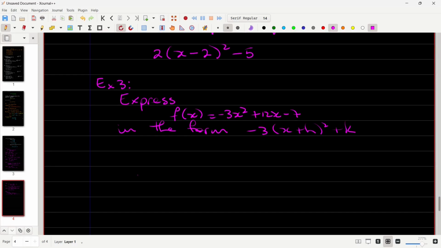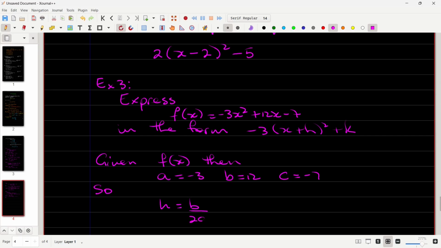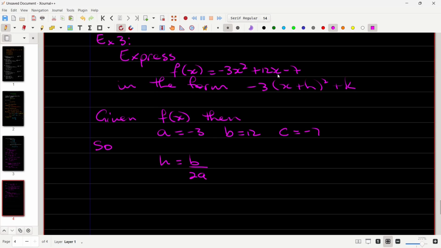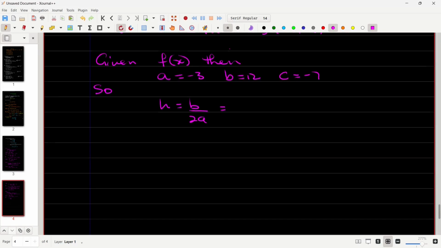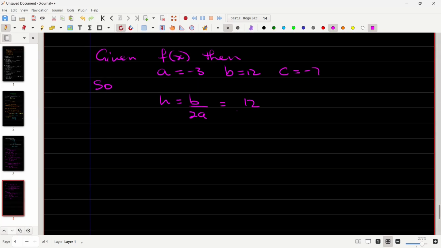All right, so given f of x, then a is equal to minus 3, b is equal to 12, and c is equal to minus 7. So that means that h would be equal to b over 2a, and let me just make some more space for here. So b over 2a, that would mean I'm looking at b is what? 12? 12 over 2 into minus 3, so that's minus 6, that gives me minus 2.